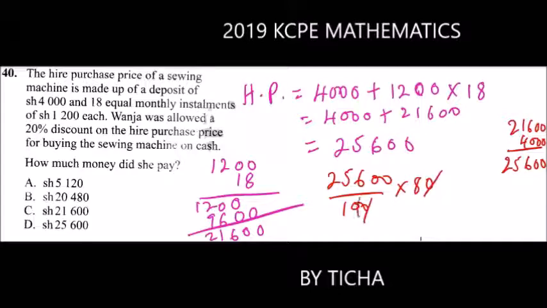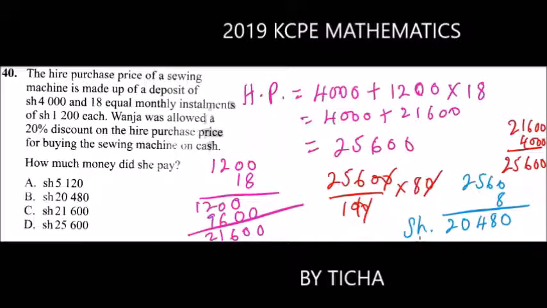You can simplify there, and when you multiply 256 by 80, that is 2,560, you multiply by 8. 6 times 8 is 48, carry 4, 5 times 8 is 40, plus 4 you get 44. So you carry 4, 2 times 8 is 16, plus 4 you get 20. So it means this is the amount Waja paid for the sewing machine.